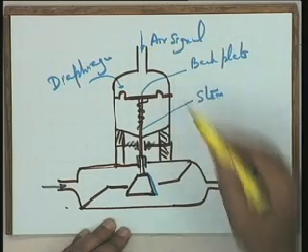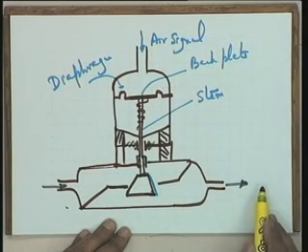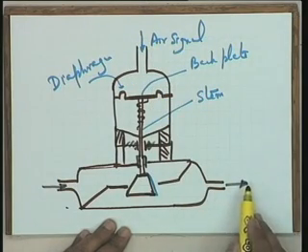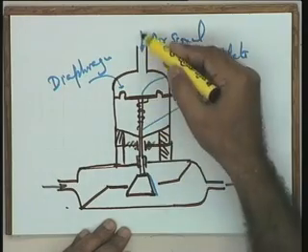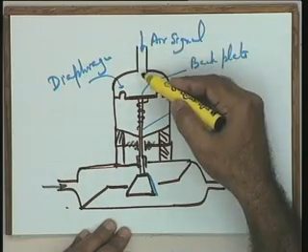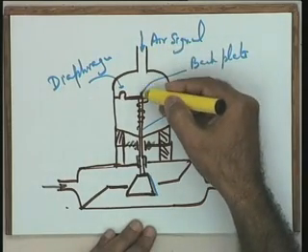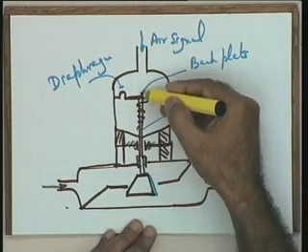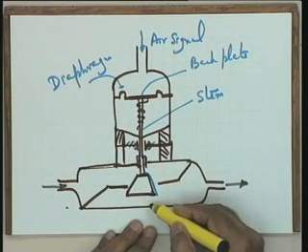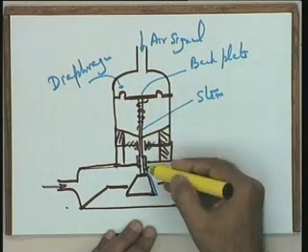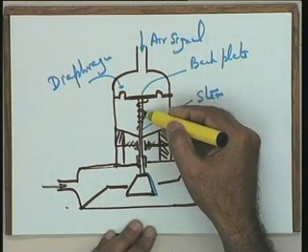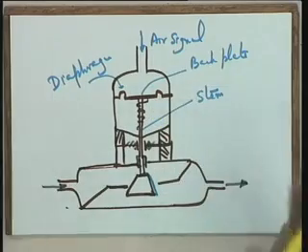So, the output flow in this particular case is being controlled by controlling the air pressure. Let us say there is an increase in the air pressure. If there is an increase in the air pressure, then this particular stem will move down, and the movement of this is resisted by the opposing force due to the spring.